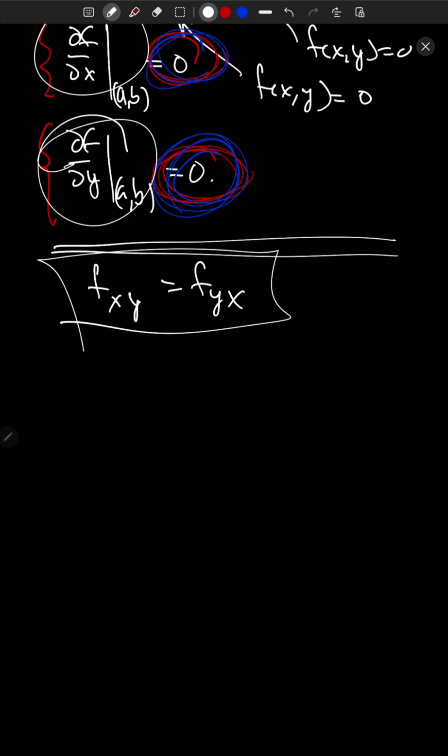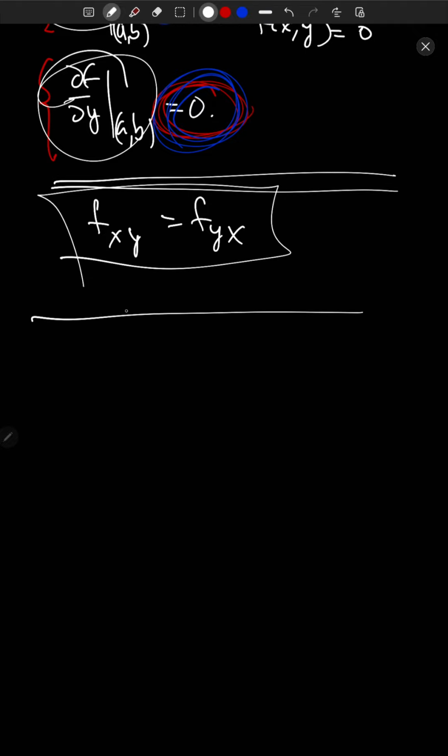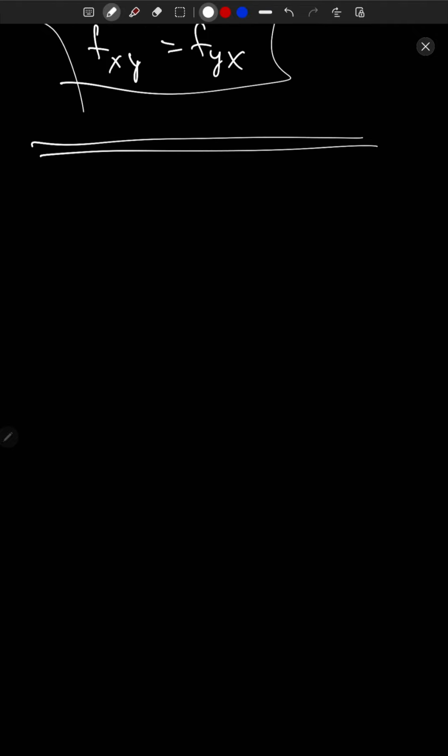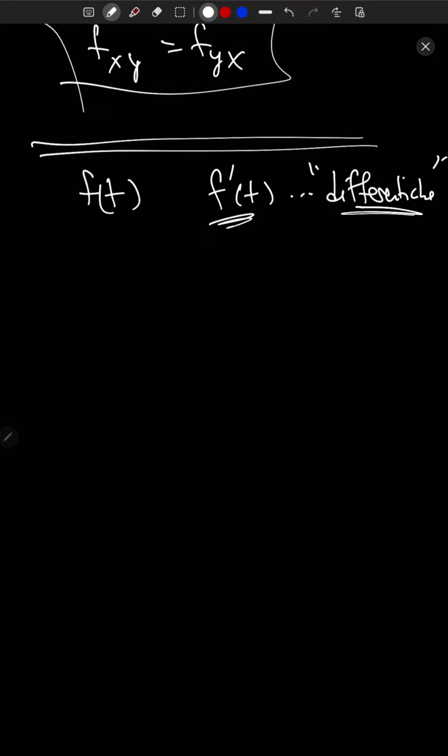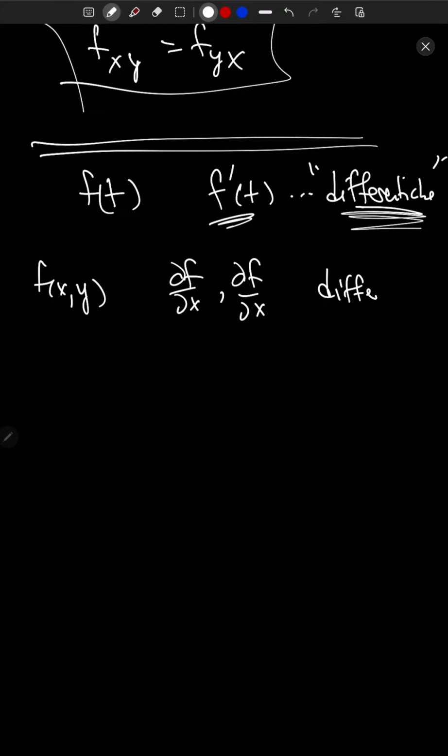Okay, so notice, because of what I just said, in one variable calculus, if I have just f of t, if I have f prime of t, then we say differentiable. If f prime of t exists, then we just say the function is differentiable. But now in two variable calculus, if df/dx and df/dy exist, we can't necessarily say the word differentiable.